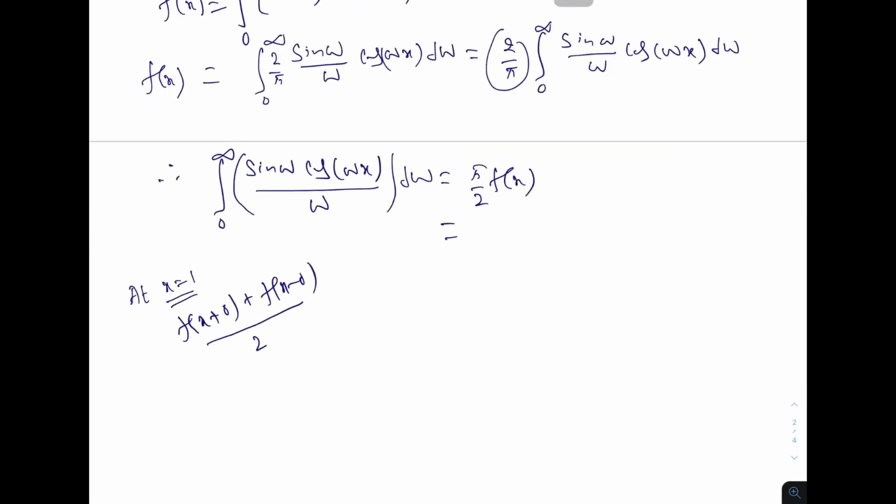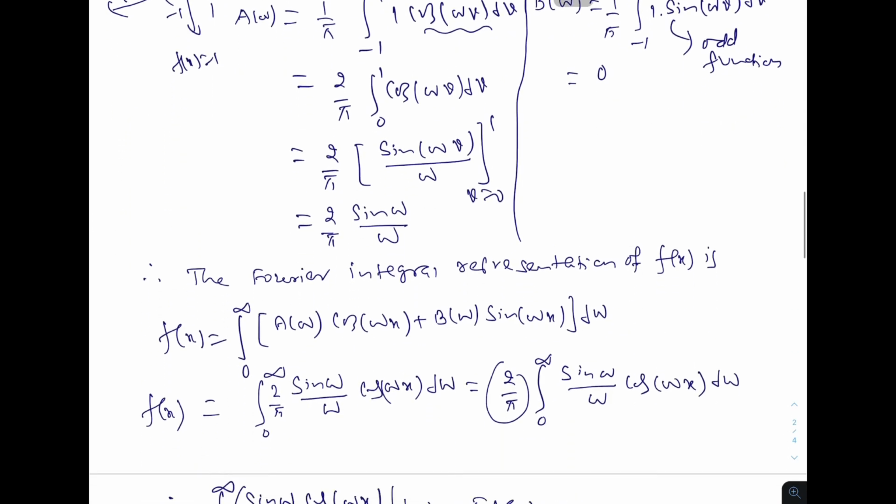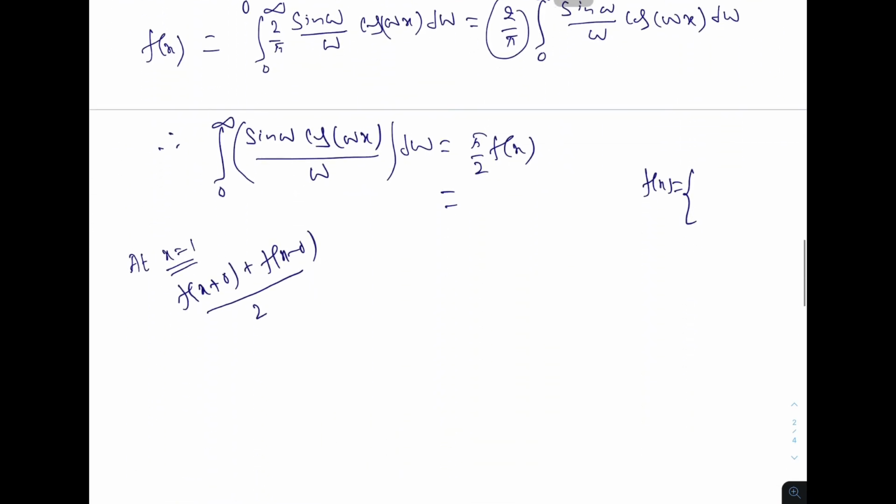Here the function is 1 if modulus x is less than 1, that is 1 for -1 less than x less than 1, and 0 if x is not in -1 to 1.